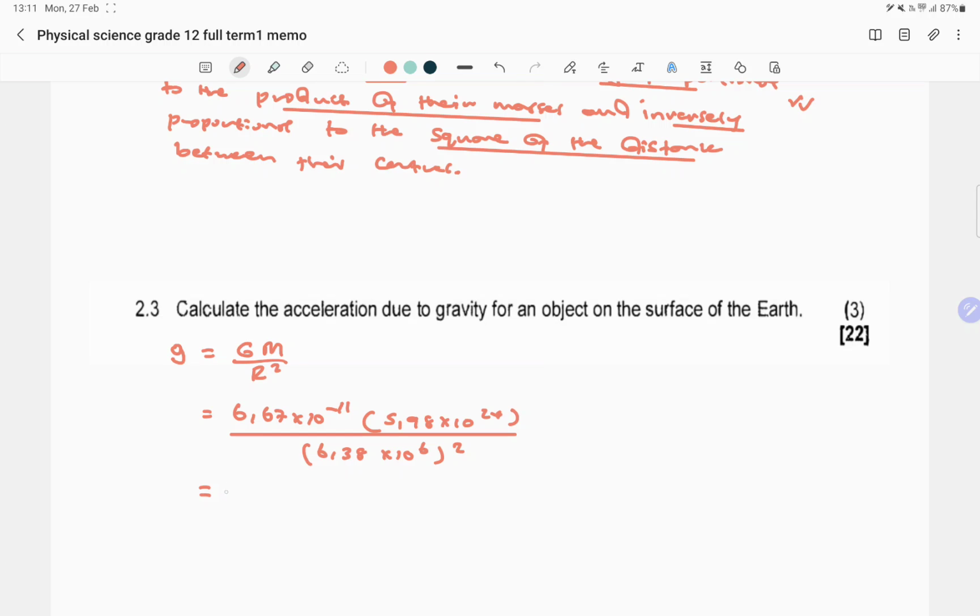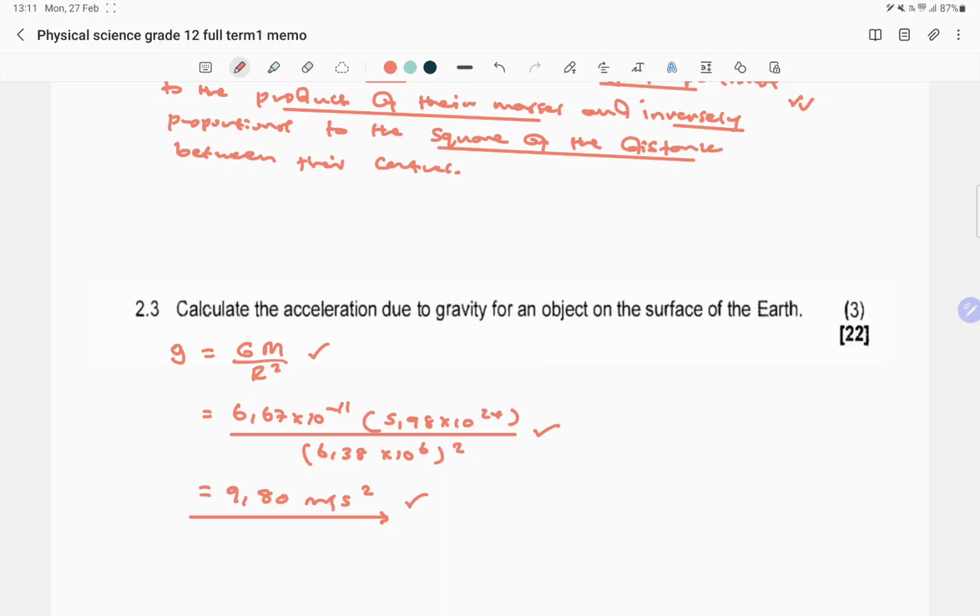Let's find the answer. So I'm getting 9,80 meters per second squared. Okay, so that's that. Easy stuff, no need to panic here.